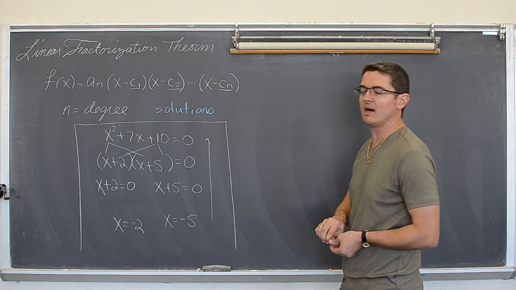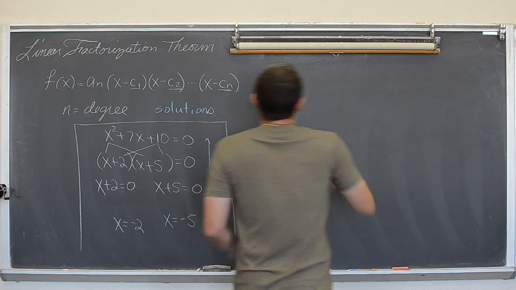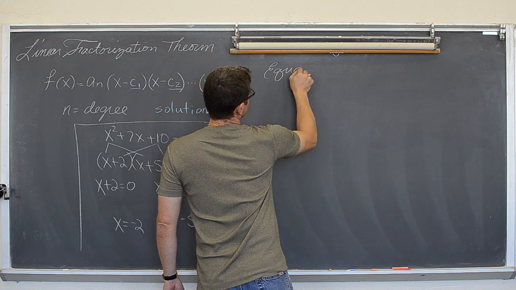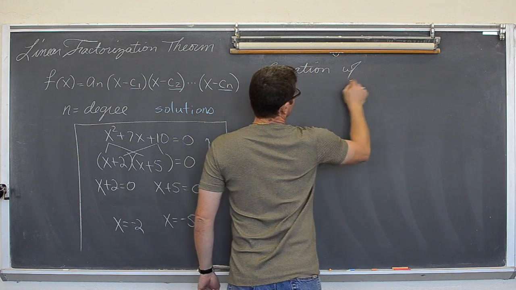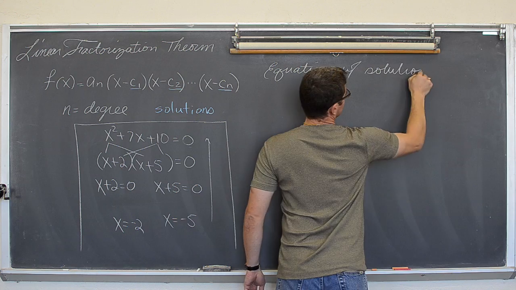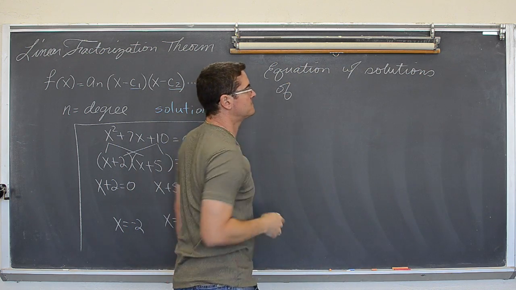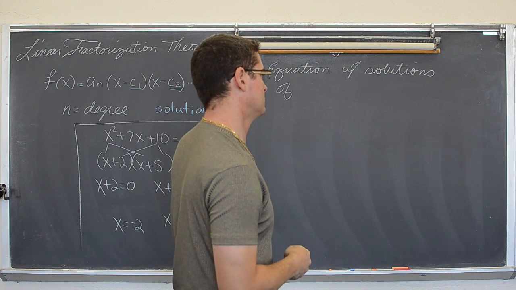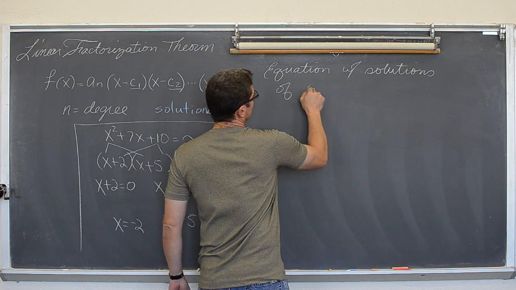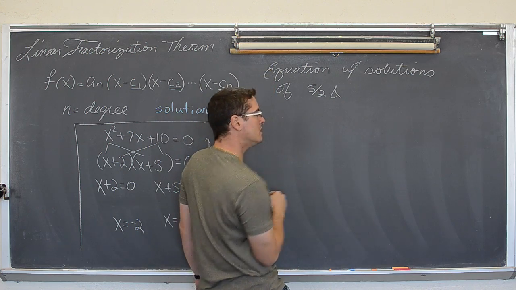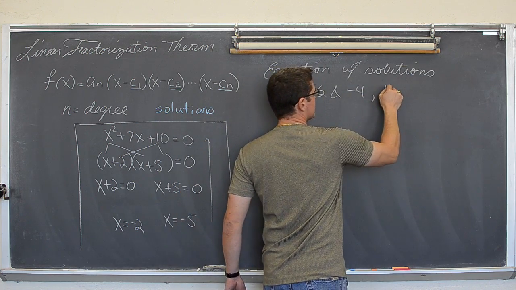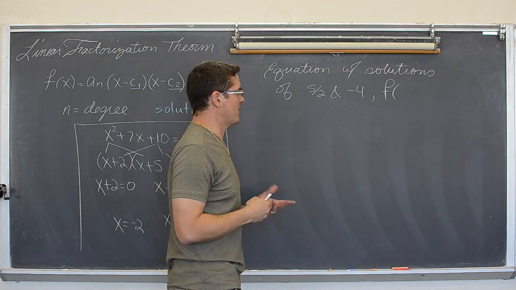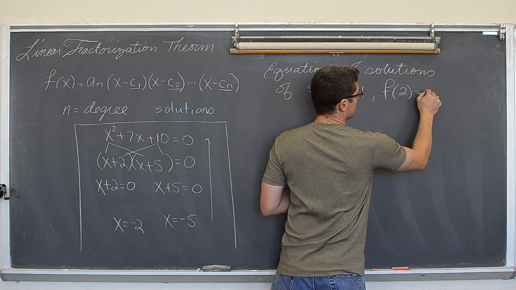All right, enough of that blah, blah, blah. Let's do an actual problem. So we want a polynomial, we want the equation with the solutions of 5 over 2 and negative 4 that goes through, in function notation, and I'm going to write this like my textbook too, f of 2 equals negative 6.